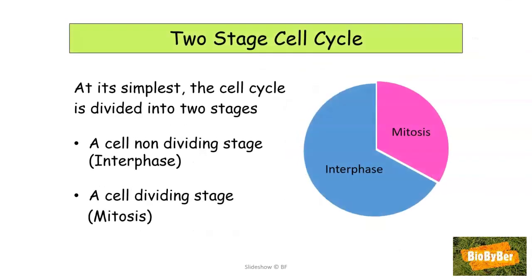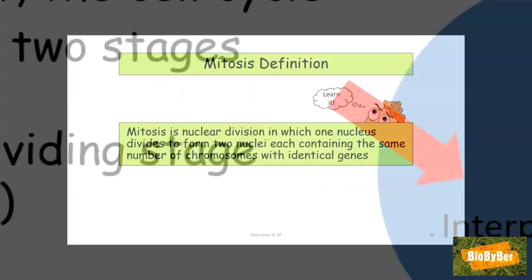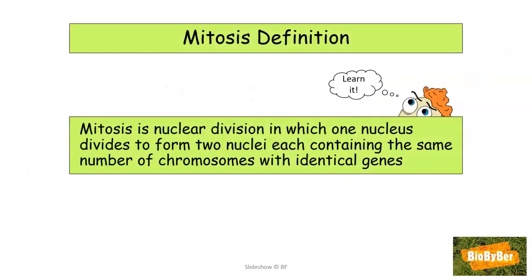Now let's go back to our 2-stage cell cycle again. We have now just discussed interphase, so let's have a quick closer look at mitosis. The definition of mitosis, which has to be learned, is that it is nuclear division. We are talking about the nucleus dividing into 2.